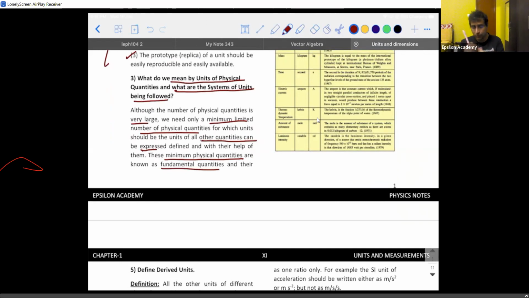Though many physical quantities exist, if you give some basic units from which you can derive other units, your job becomes easy. For example, velocity is the rate of change of displacement with respect to time. If I ask you the unit of it, what are you going to say?